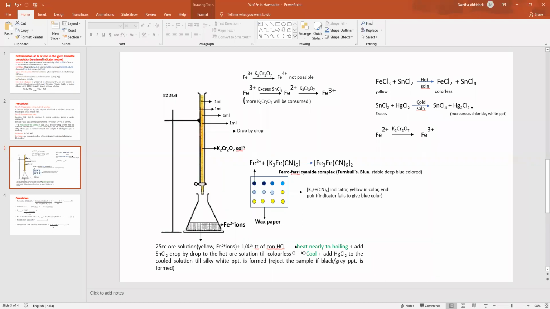Sorry, here it is +2, but here it becomes +1. So it is a reduction. Mercuric to mercurous, stannous to stannic. So it is a simple redox reaction. Stannous is oxidized to stannic and mercuric is reduced to mercurous, forming a silky white precipitate of mercurous chloride.